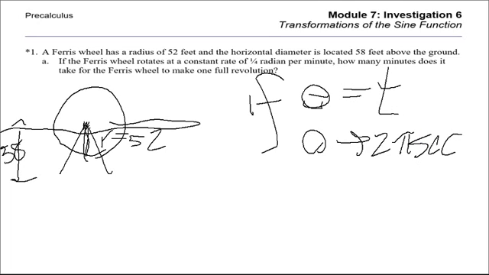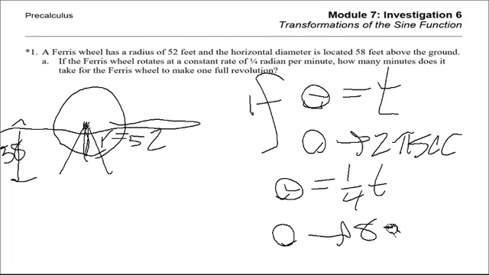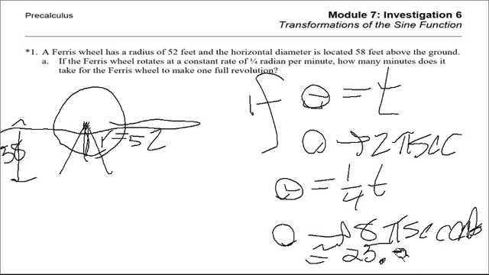Well then, if theta equals 1/4 t, then it's going to take 4 times as long. So that would take 8 pi seconds, which is roughly about 25.13 minutes.